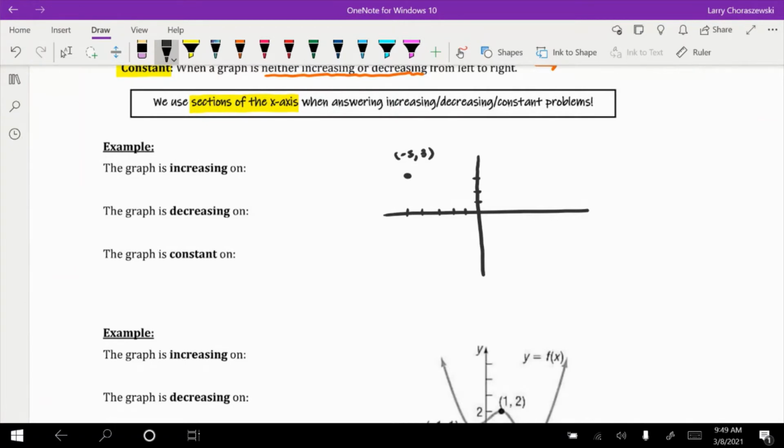The next point I'd like to plot is (-2, -4). The next one is going to be (3, 2). And I think that's all I want to plot.